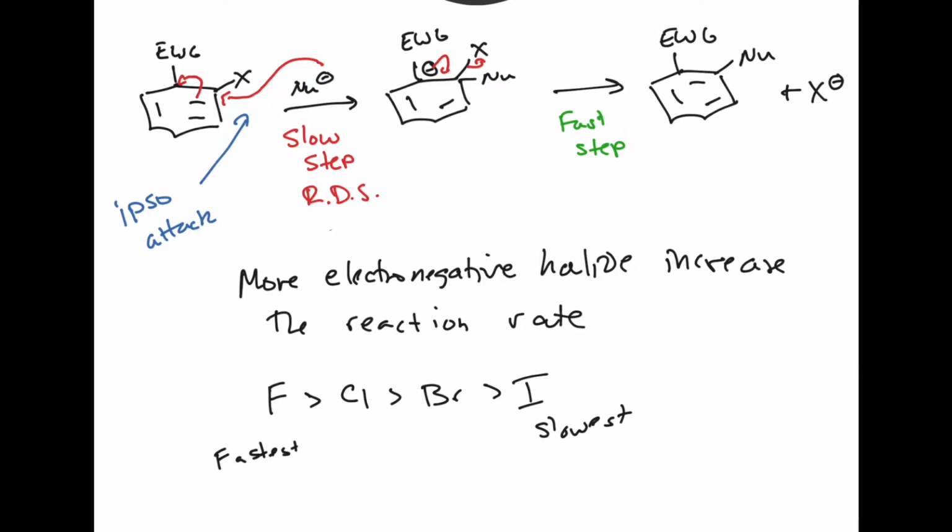Right, so this has nothing to do with how good of a leaving group these halogens are. It's all about how electronegative they are, how positive they make the carbon that the halide is bonded to.